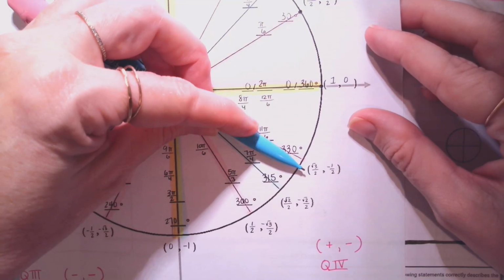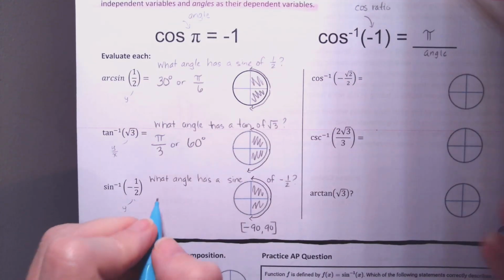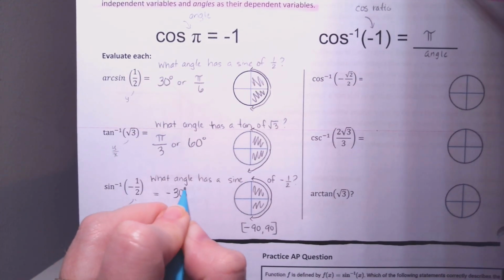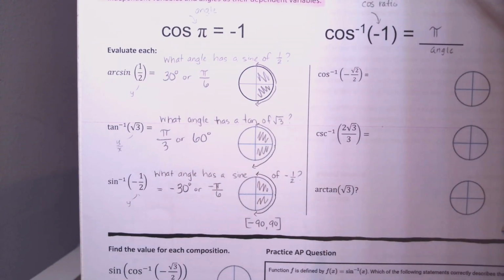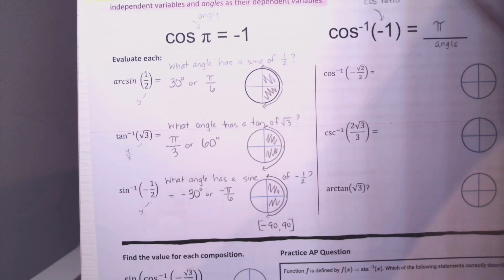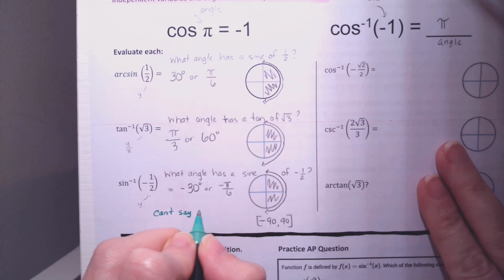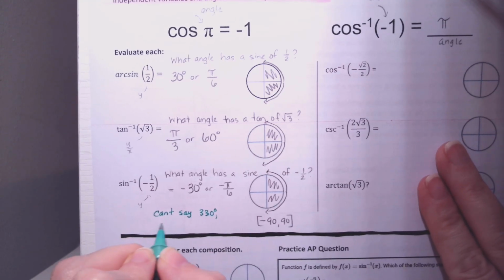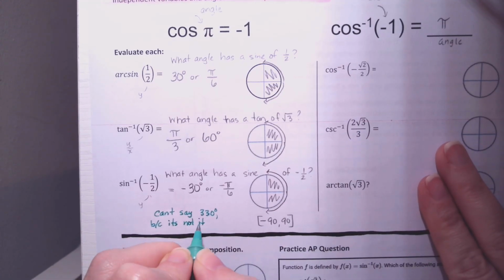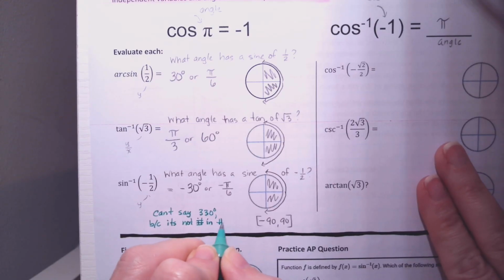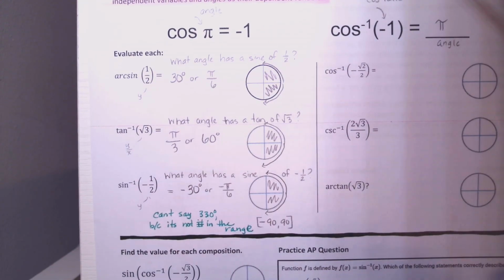So that would be negative 30 degrees, or negative pi over 6. And I'm going to also remind you that we can't say 330 degrees because it's not in the range. Goodness, I can't spell today.